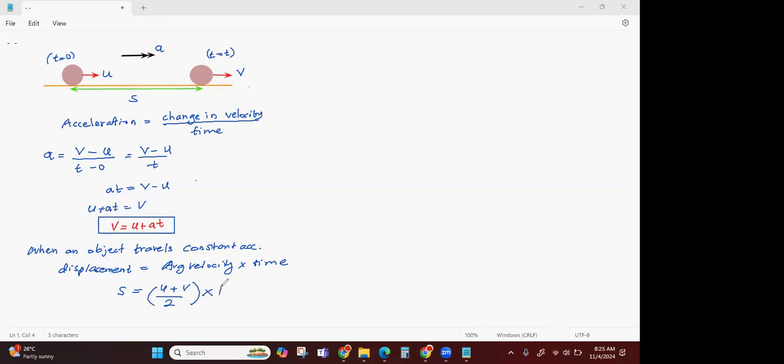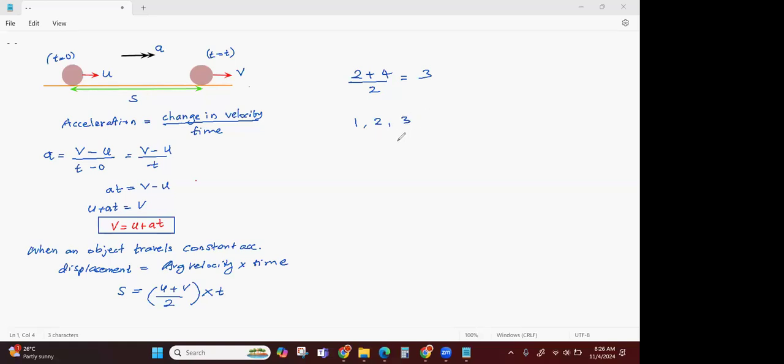So time simple t. Why does it become 2 again? Because of the average. Suppose you have two numbers, 2 and 4. If you want to find the average, you have to divide by 2. So here the average is 3. And let's say you have 3 numbers, 1, 2, and 3.